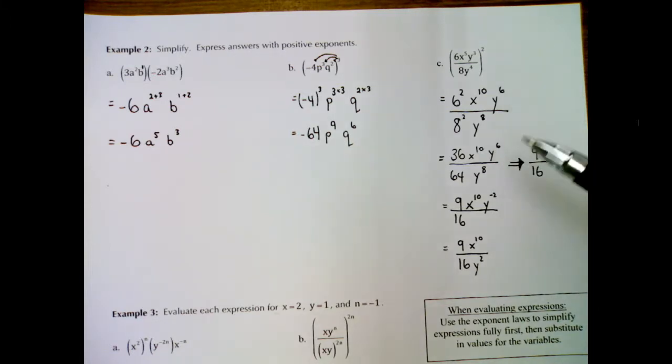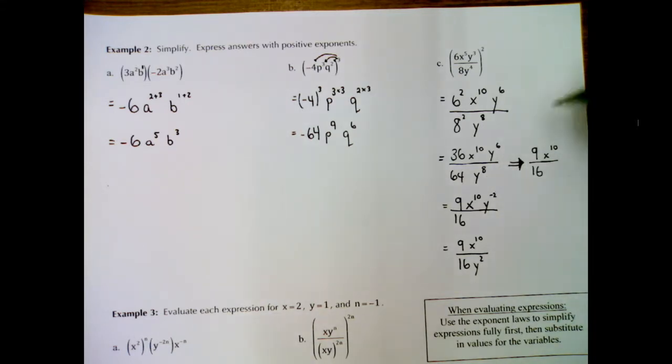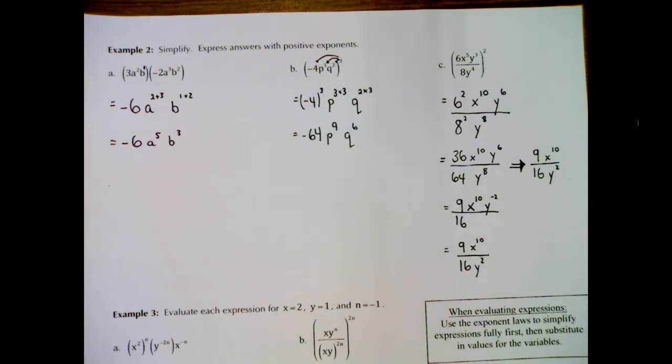If you do your subtraction from the top down, you put your answer on the top. Why this helps is, what's 8 minus 6? Well, it's 2. Since we went bottom up, put our answer on the bottom, y squared. We end up with the exact same answer, but in one step instead of doing the negative exponent step. So up to you which way you want to do it. I would suggest doing the subtraction bottom up if the exponent on the bottom is bigger. Make sure you put that answer on the bottom though when you do your subtraction.